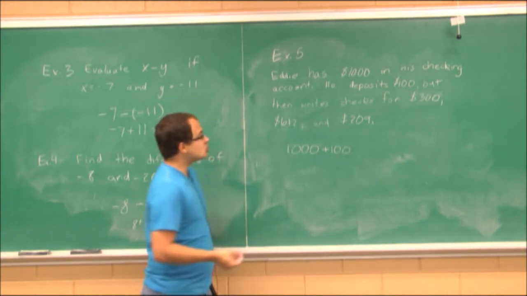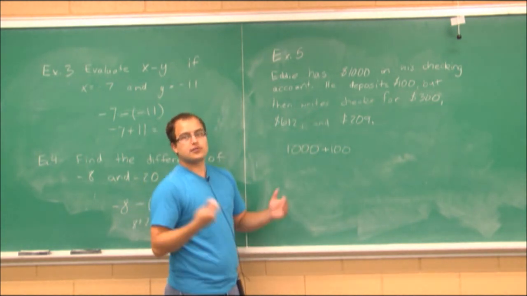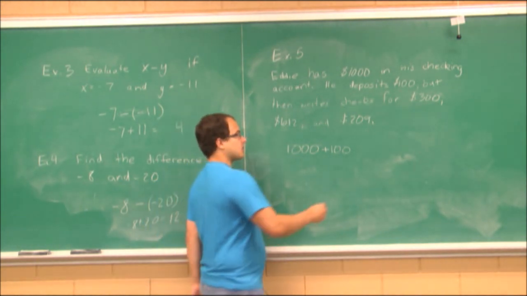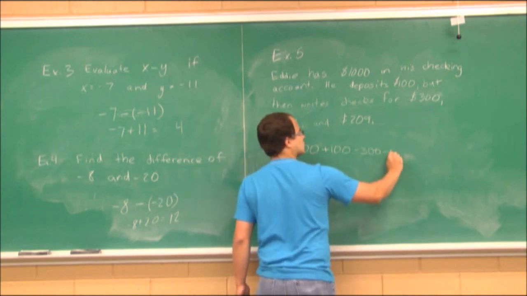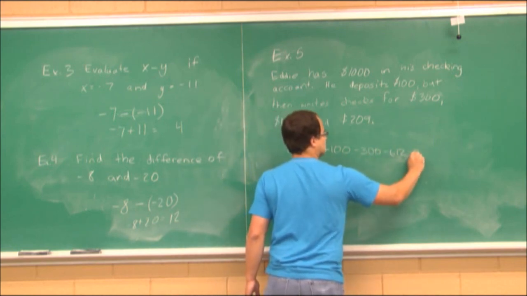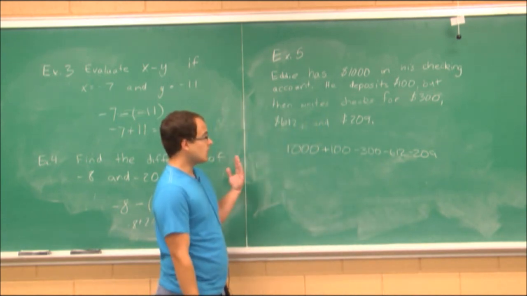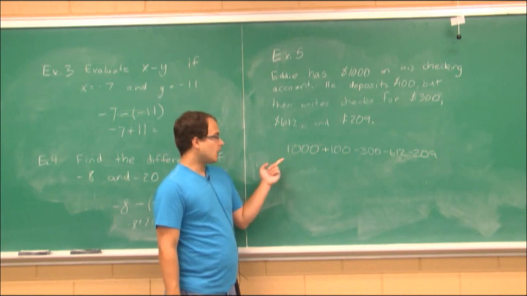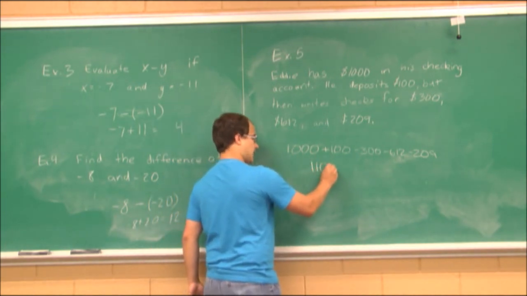Then when you write checks, does that mean you're taking money out or putting money in? Well, if you're writing a check for someone, you're taking money out of your account. So that means minus 300, minus 612, minus 209. Now, since it's all addition and subtraction, I'm going to work left to right. 1,000 plus 100, 1,100.